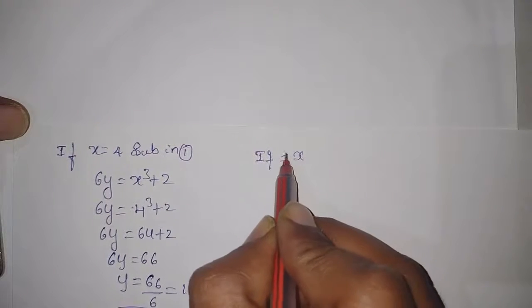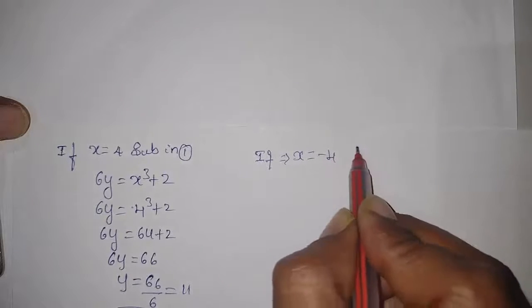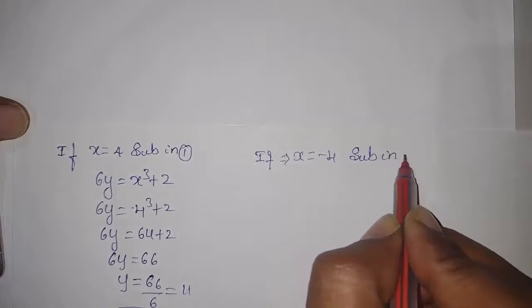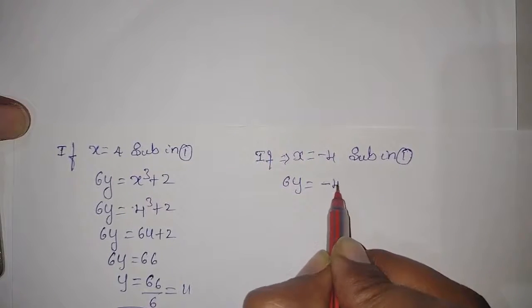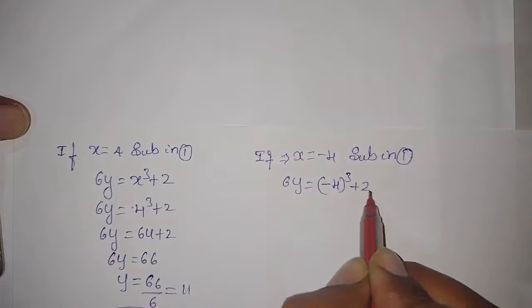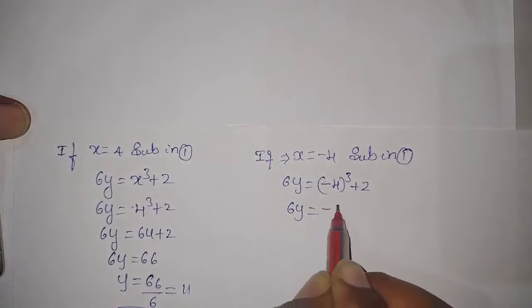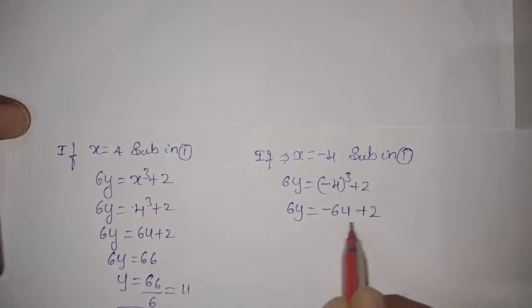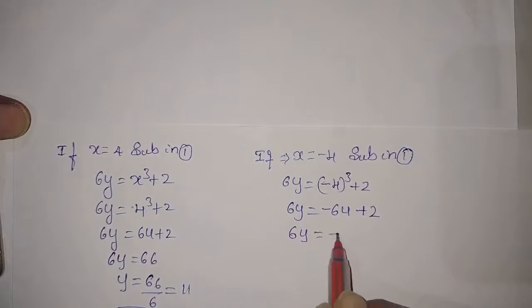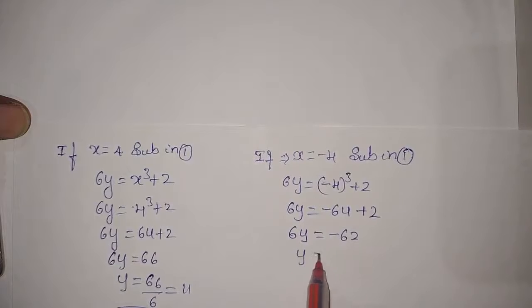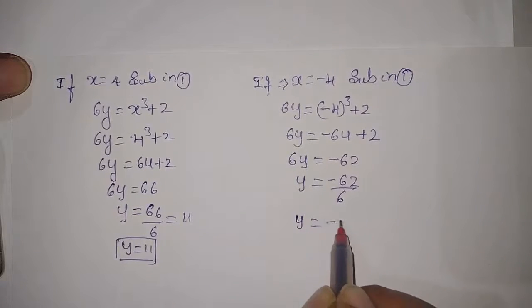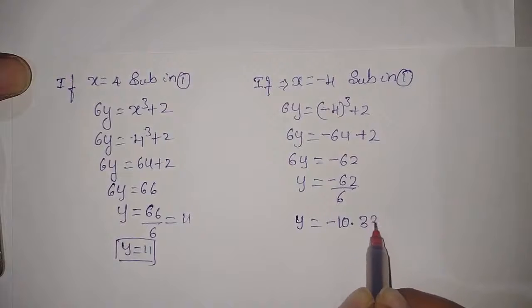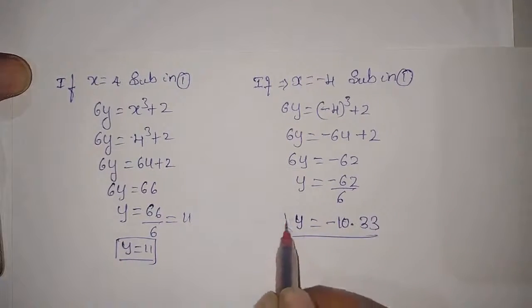If x is equal to minus 4, substitute in equation number 1: 6y is equal to minus 4 whole cube plus 2, 6y is equal to minus 64 plus 2, 6y is equal to minus 62, y is equal to minus 62 by 6, which means y is equal to minus 10.333. This is the value of y.